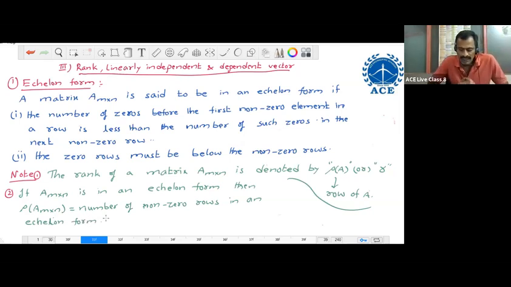Suppose the matrix is in echelon form, then the rank is same as the number of non-zero rows in that echelon form only.